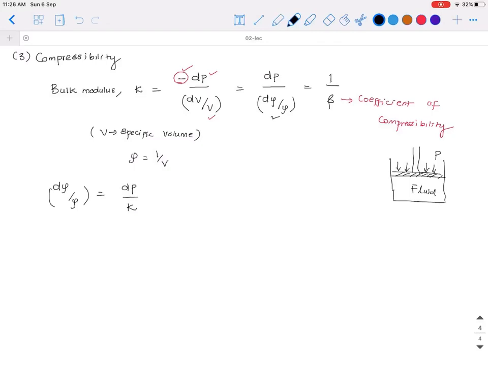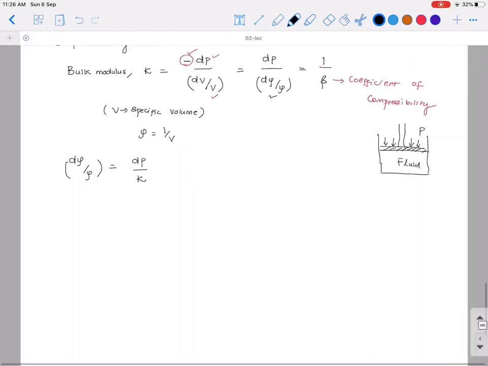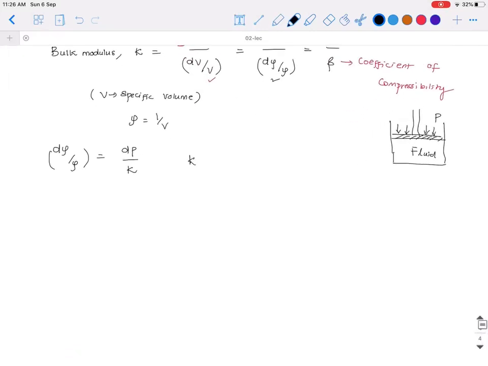This d rho by rho is the amount of unit change in density. So the bulk modulus for water is 2.2 times 10 to the power 9 Newton per meter square.